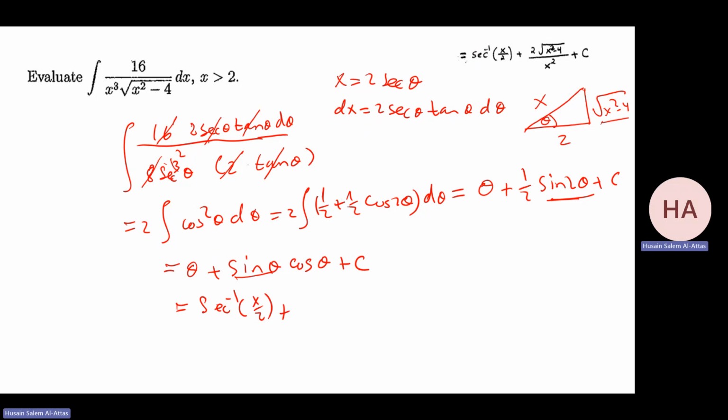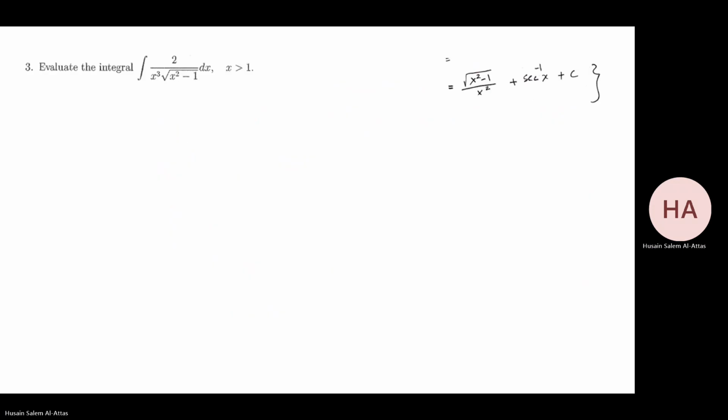Sine is opposite over hypotenuse, and cosine is adjacent over hypotenuse, plus c. So that will be secant inverse x over 2 plus 2 over x squared plus c, which is this one. 2 over x cubed.